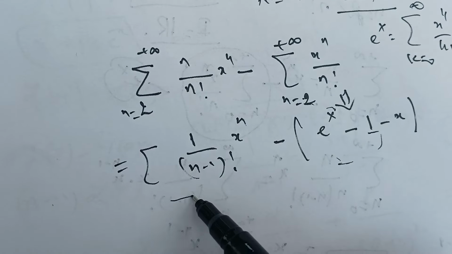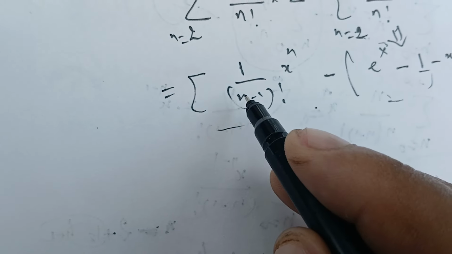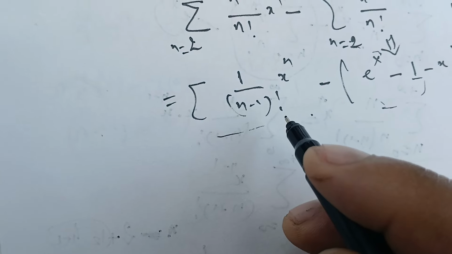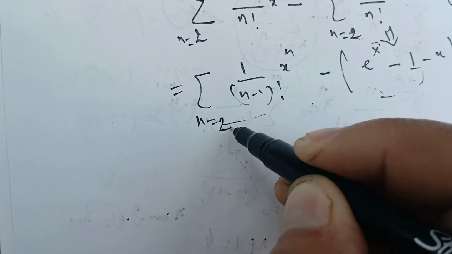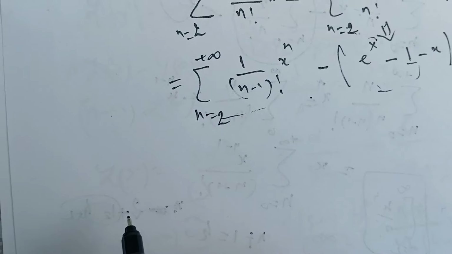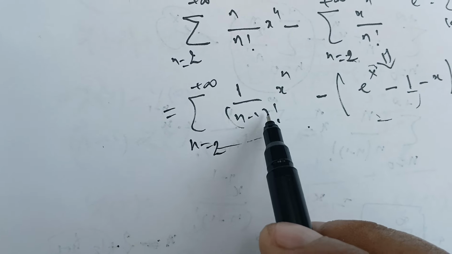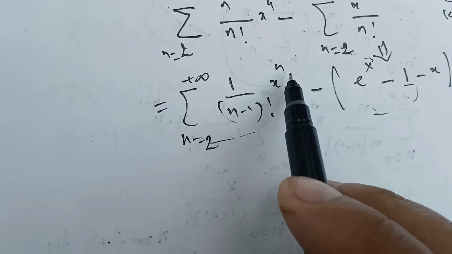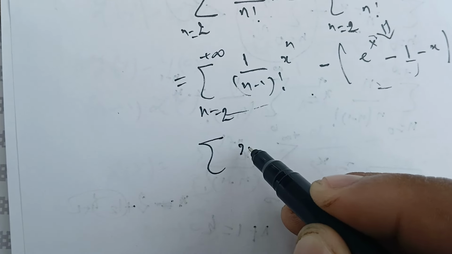Now I'm going to focus on this part only. Here n is going from 2 to infinity. First I'm going to make this coefficient look like n minus 1. To do so, I'm going to split x to the power n into two parts.